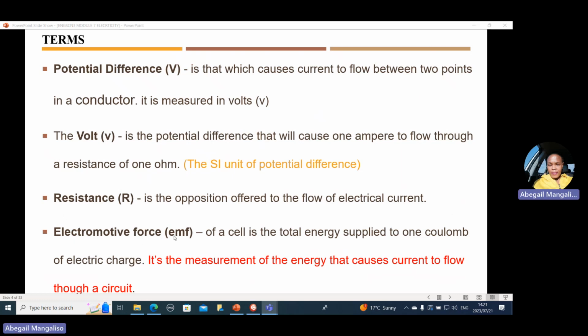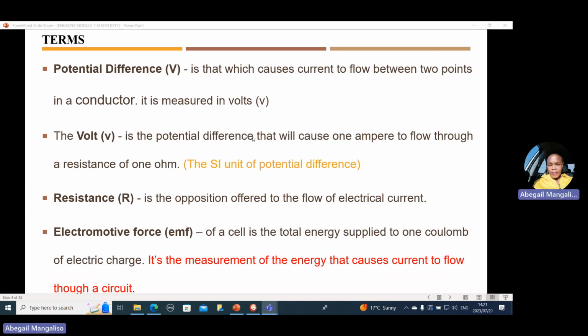Electromotive force, EMF, of a cell is the total energy supplied to 1 coulomb of electric charge. It's the measurement of the energy that causes the current flow through a circuit. So EMF is measured in volts, just like potential difference.